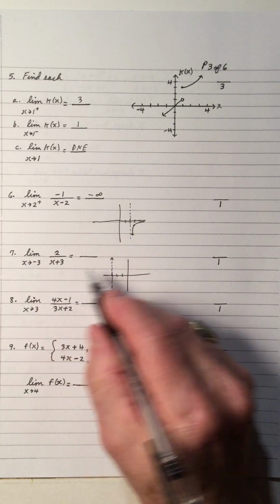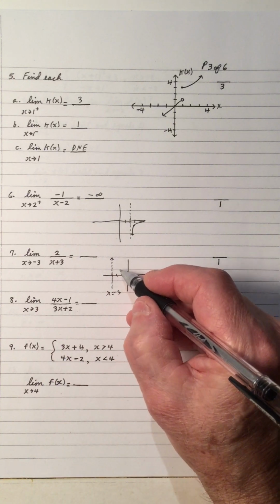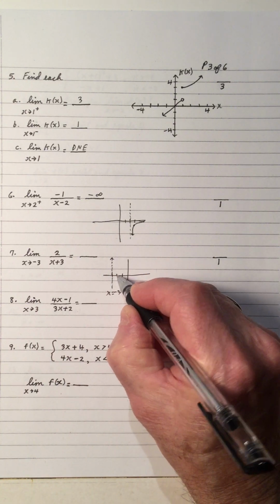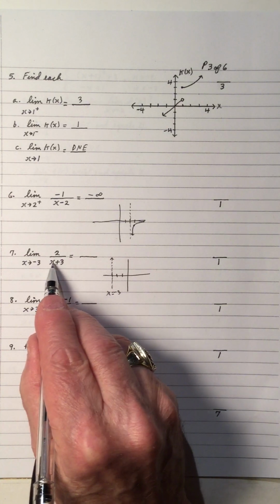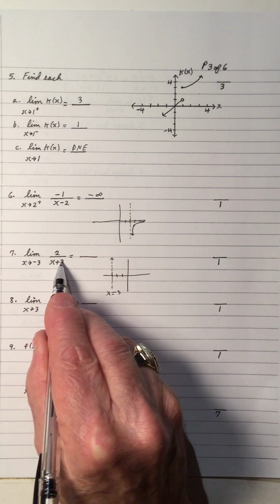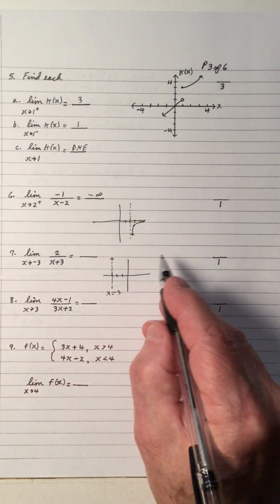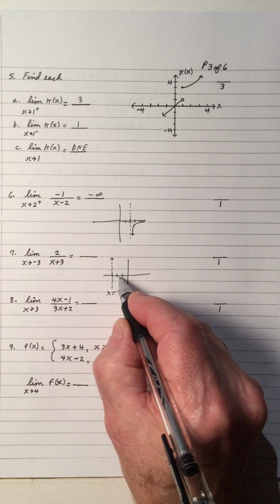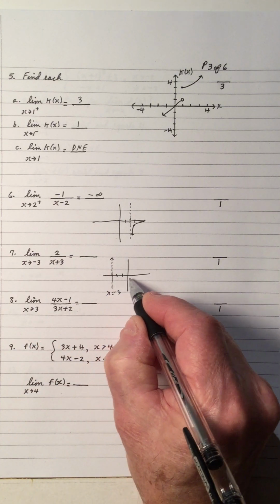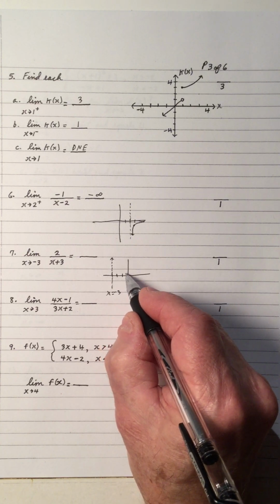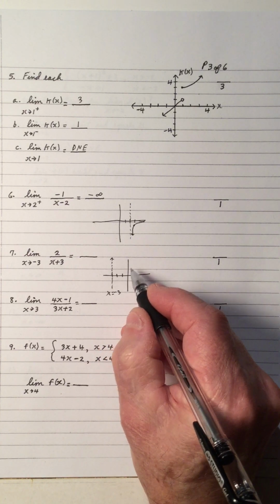As x goes to infinity, this denominator gets larger and larger, and this fraction goes to 0. So it's either going like this or going like this.